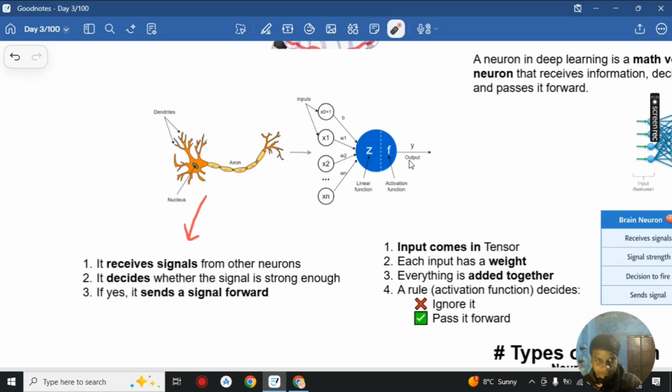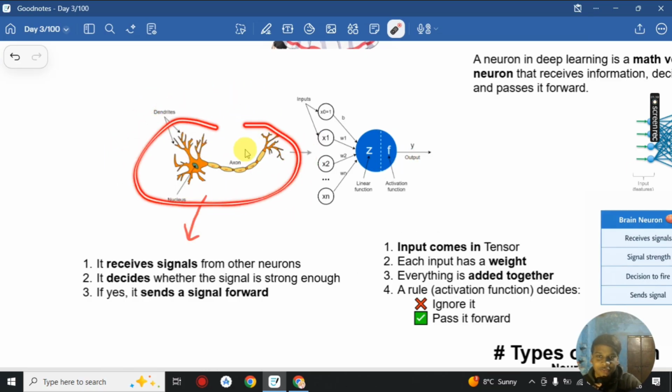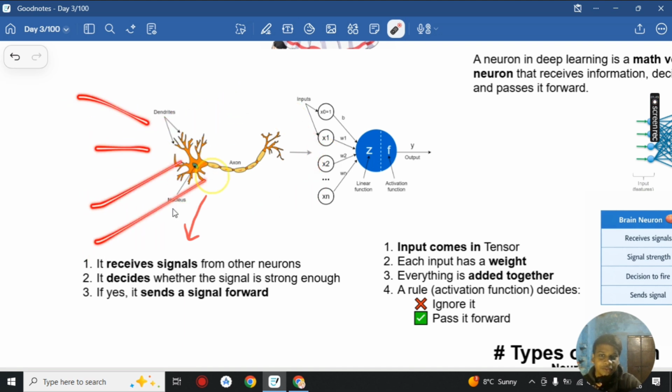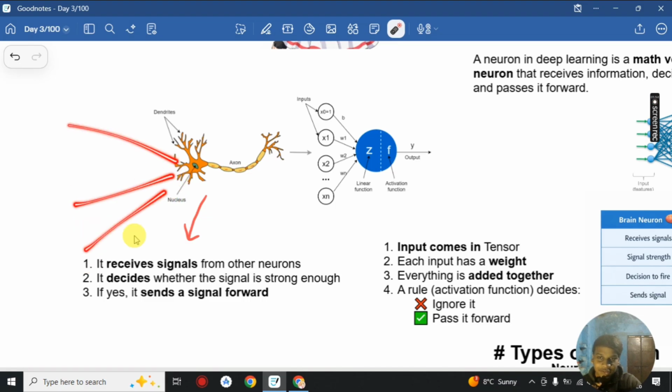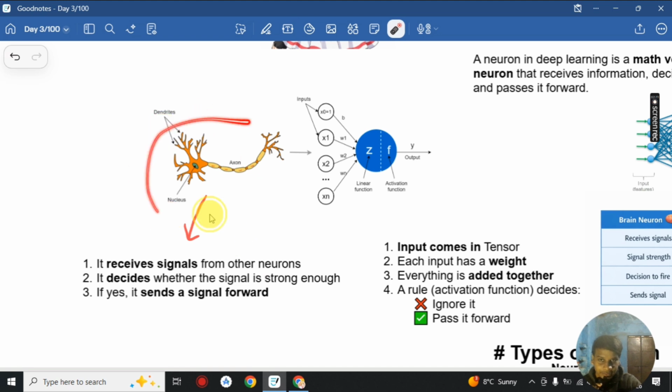Here we can see a biological neuron, connected to other neurons through the axon part, and also through the dendrite part. Once it gets a signal, it decides whether the signal is strong enough or not, and if it is strong enough, it sends it forward. This is how a neuron works in biology.